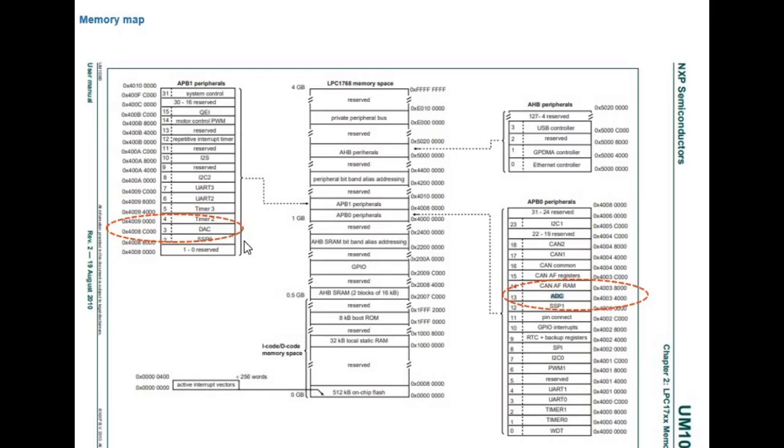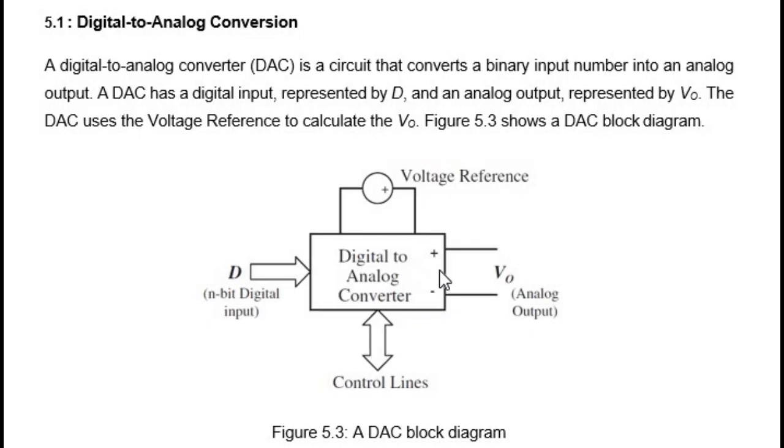If you refer to the user manual, this is the location for the digital to analog converter, or DAC, in the LPC1768 memory map. This is the DAC block diagram, whereby the DAC converts a digital number represented by D into an analog output represented by V0.